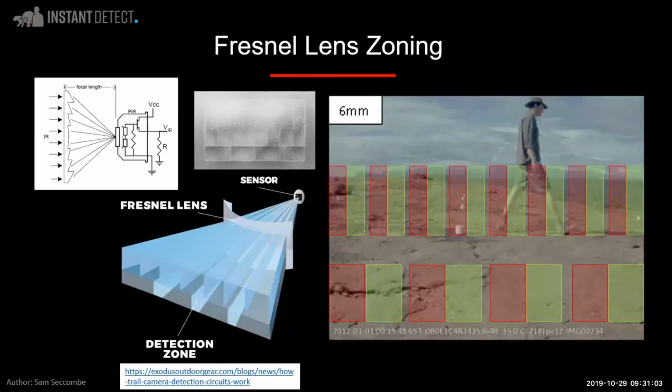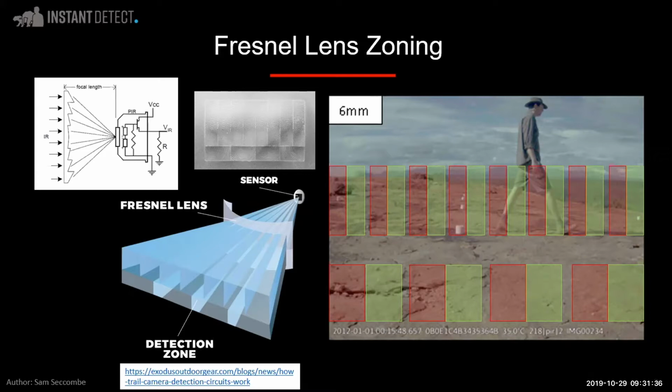But just like a camera's image sensor, a passive infrared sensor needs a lens to focus what it's looking at properly onto the sensor. And for this, it uses a Fresnel lens. And this basically just directs all the incoming radiation into the central point. But actually, camera traps use a number of Fresnel lenses all stuck together, as we can see in this picture here.